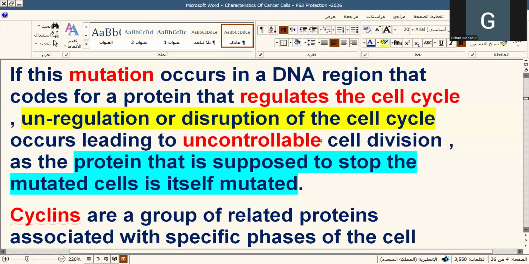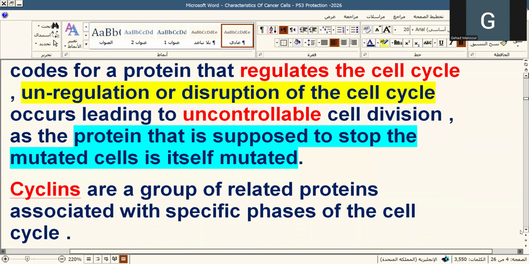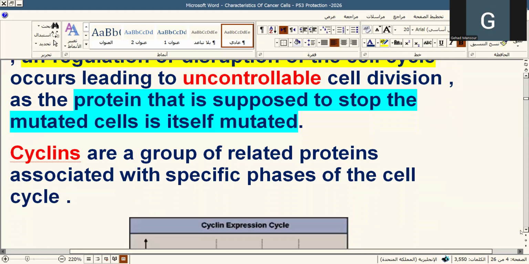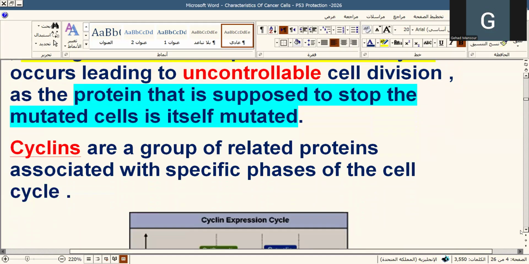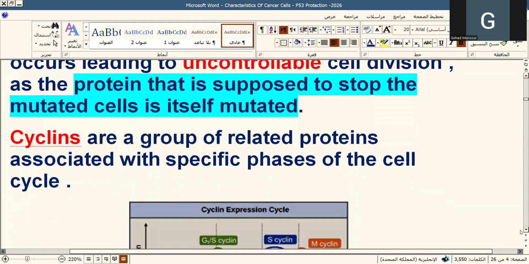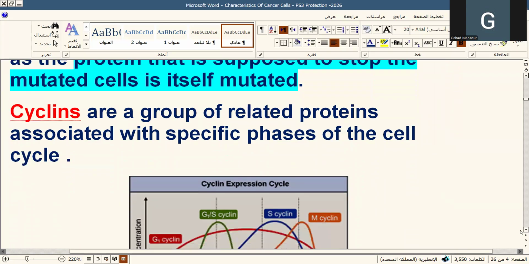And these cancer cells, in addition to being mutated, and in addition to having their core regulator proteins mutated, they also have the proteins that regulate the pace of the cell cycle mutated. And that's why they have an uncontrollable, very rapid rate of cell division, because the protein that is supposed to stop the mutated cell itself is mutated.